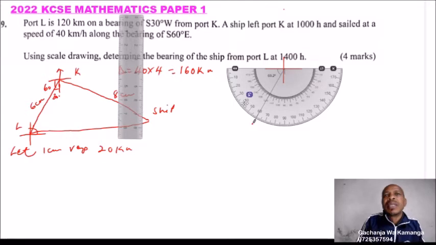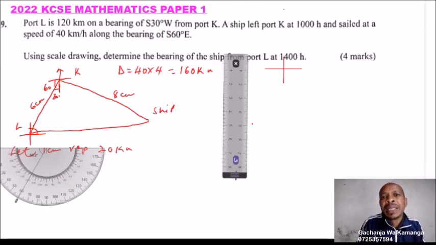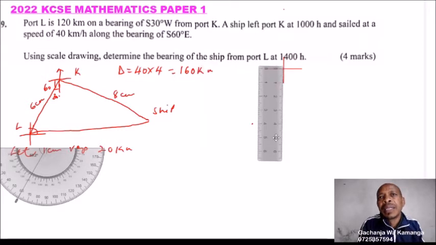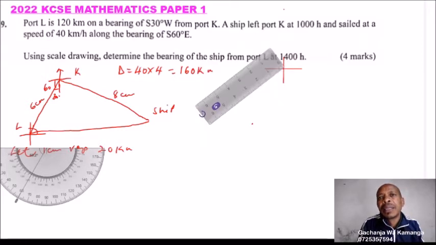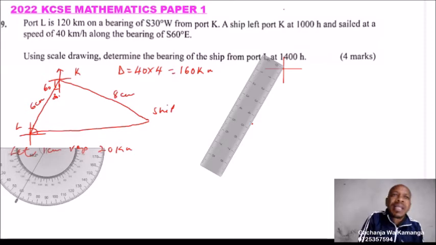From there, using a ruler, we draw that line. So that's roughly there, and we draw our line.